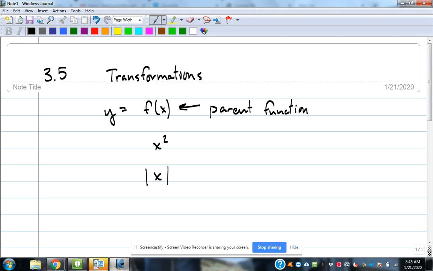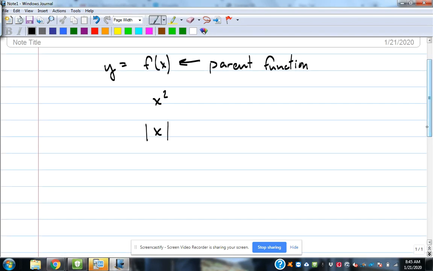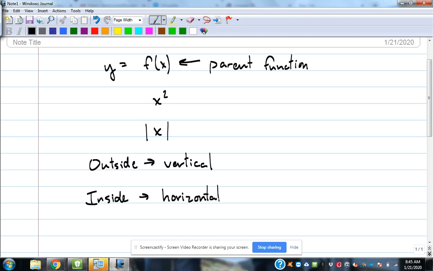And what we're going to talk about are the transformations that you can see based on some very simple ideas. If you latch on to this idea that anything that happens on the outside is vertical, and anything that happens on the inside is horizontal, that'll help you keep these things separate and know which one's which.